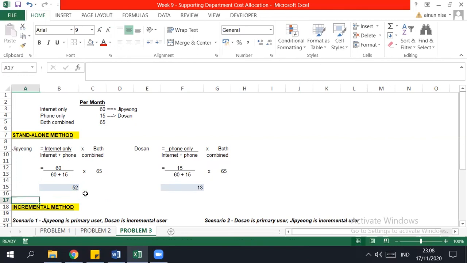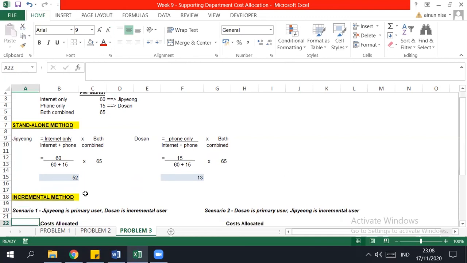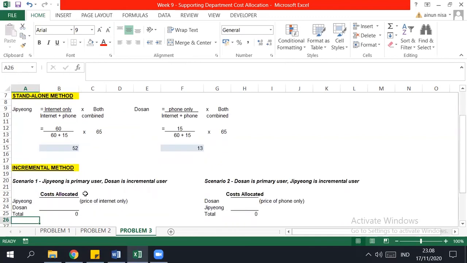Next is the incremental method. But for the incremental method, actually there are two scenarios. The first scenario is Jipyong is the primary user, while Dosan is the incremental user. And the second scenario is Dosan is the primary user, while Jipyong is the incremental user. Okay, for scenario number 1, because Jipyong is the primary user, we have to allocate the internet first.